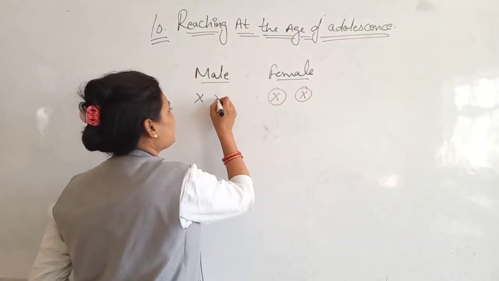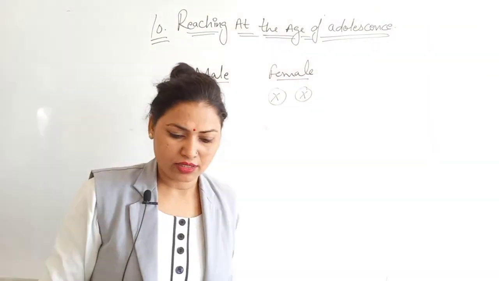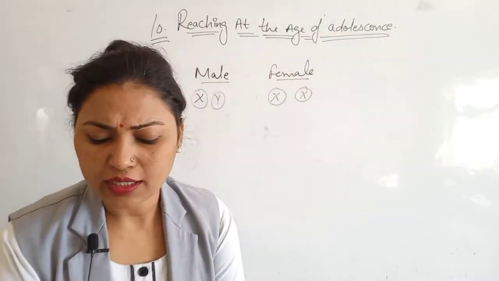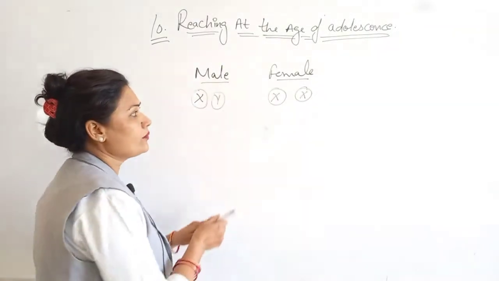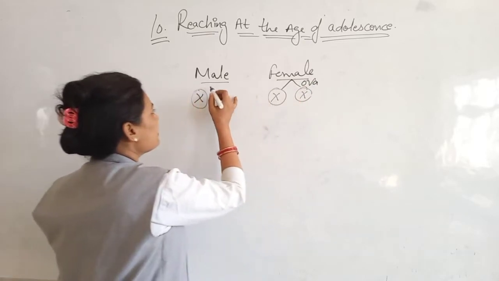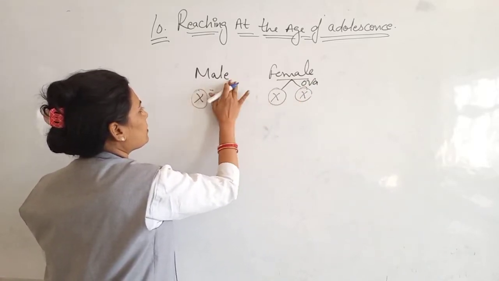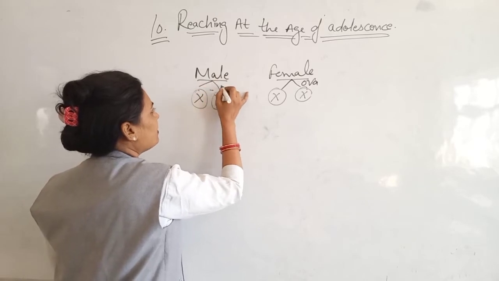Here X and Y chromosomes. Okay. We can write like that. Now, these are coming from the ova. These are coming from the ova. Okay. And these are produced by the sperm.